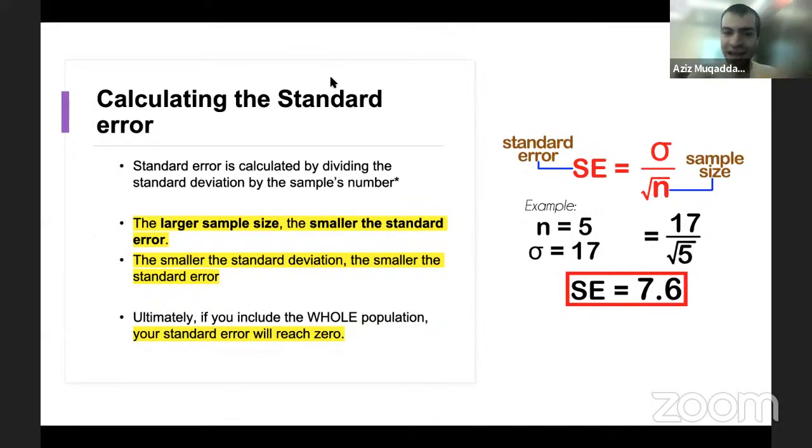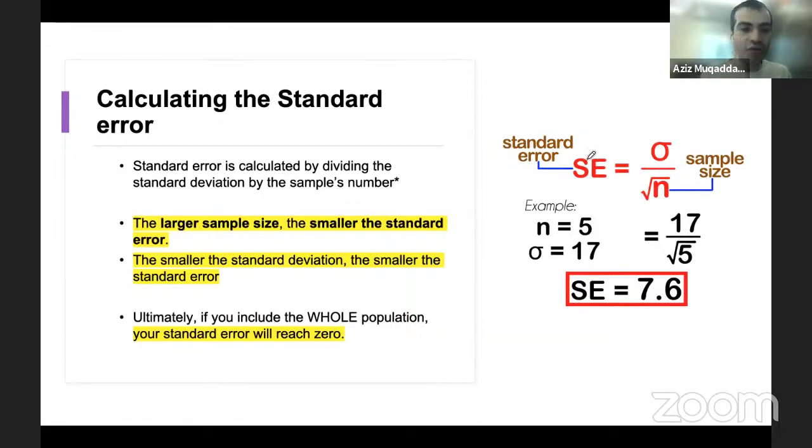The good thing is that this is just an estimated thing, right? And by the way, the good news is statistical software will just calculate the standard error easily for you. So you don't have to do math by yourself, but you need to understand where it comes from.